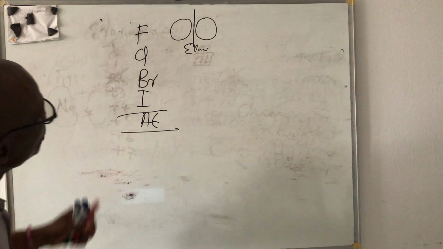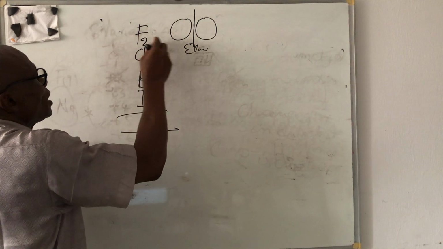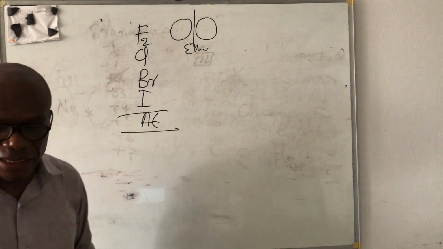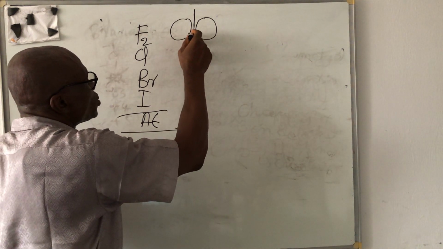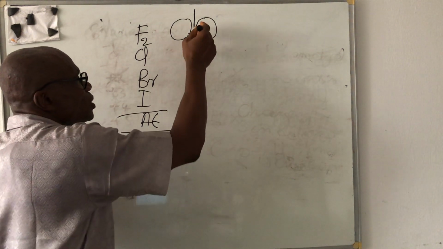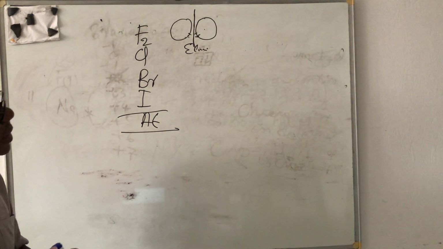The bond between fluorine and fluorine breaks easily because there is a perpetual repulsion between the two, because they are too close. The electrons are just too close due to the small size.